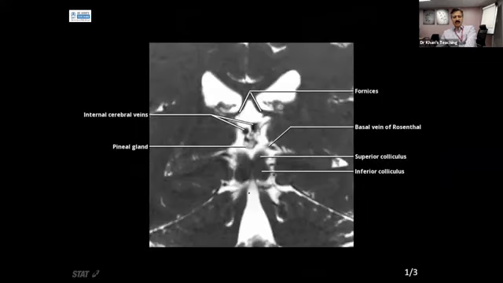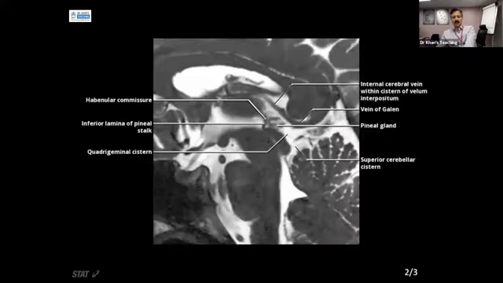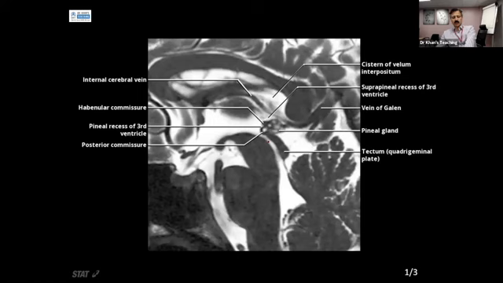So this is interesting. This is a coronal sequence, and if you know your anatomy on an axial, you can stretch your imagination to make out the coronal. I will go back just to consolidate. If you see here, this is the pineal gland. This is the vein here, right? To internal cerebral vein. This is the pineal gland.